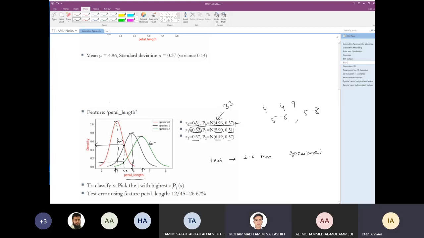So if you see the test error on the 45 samples, you had 12 out of 45 mistaken based on this idea, which is an error rate of 26.67%. In a sense, it's not too good, but at the same time, you're only using one feature right now, and it's still much better than a random guess, right?